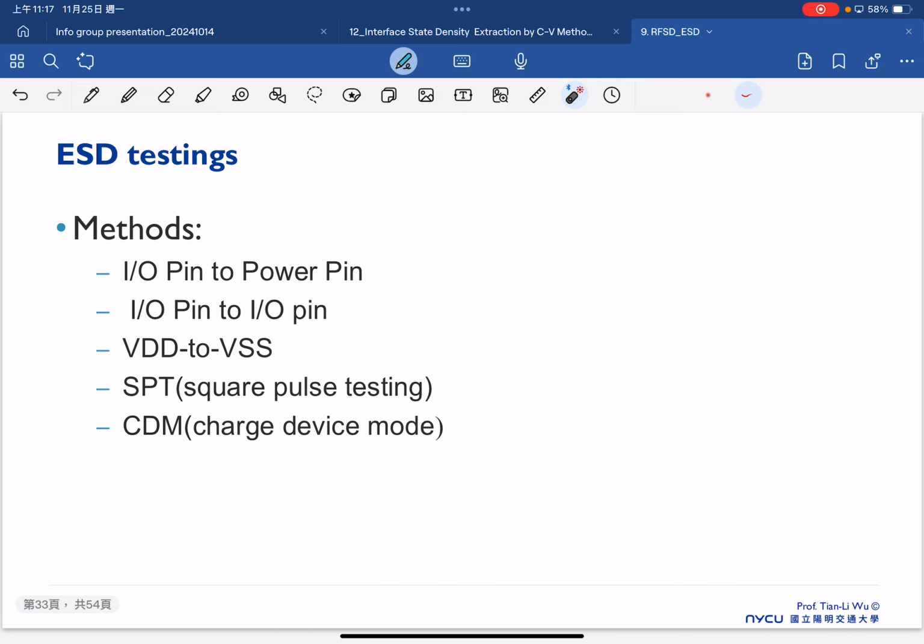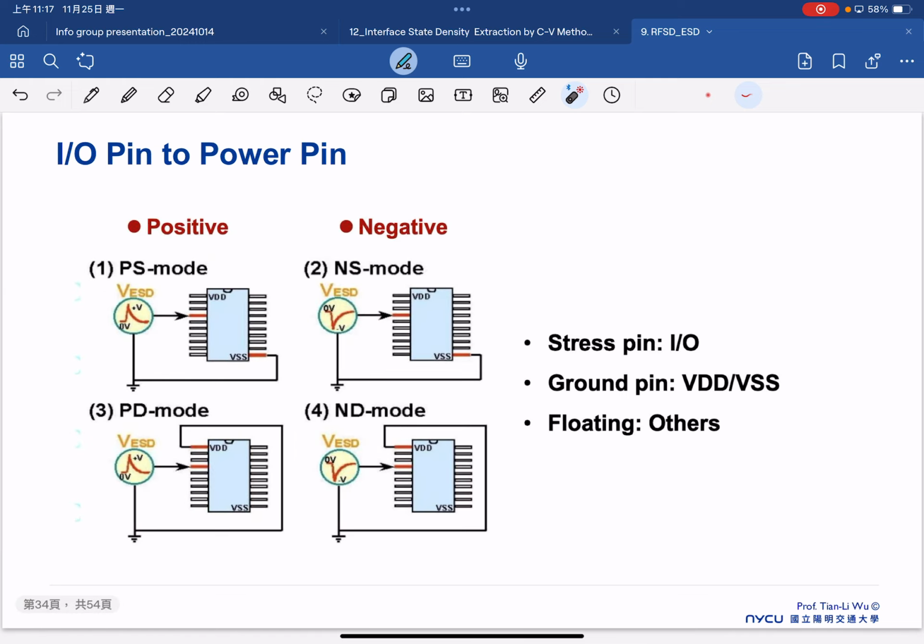So now if we look at how to do the testing for the ESD, then we also have to consider the status of the device under test. Here is the example. This is a packaged device, so we have to do the IO pin to power pin. For example, do the positive for this one.